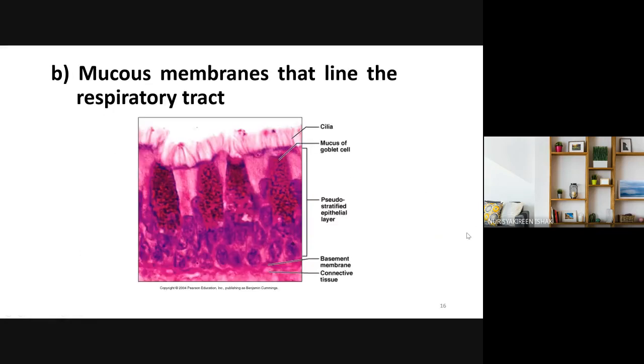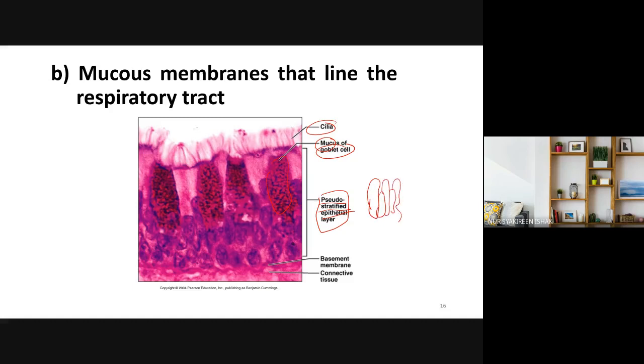Okay, so mucous membrane that lines the respiratory tract, you have the cilia, and then you have the goblet cell. Goblet cell is to produce the mucus. Okay. And then susunan sel dekat lining of trachea is pseudo-stratified. Ingat balik chapter yang kita belajar sem lepas, yang kita belajar the different type of cells kan. Pseudo-stratified epithelial cell maksudnya dia punya panjang sel tu ada yang tinggi, ada yang rendah kan.